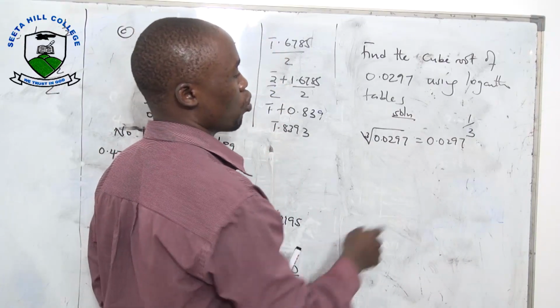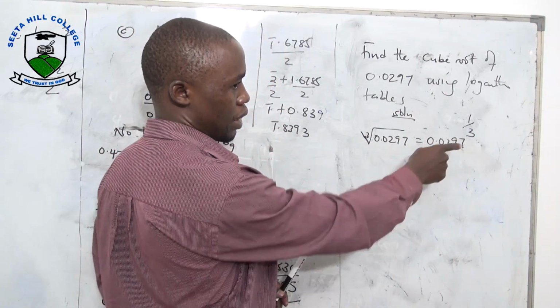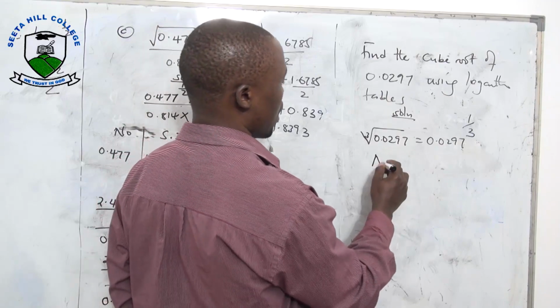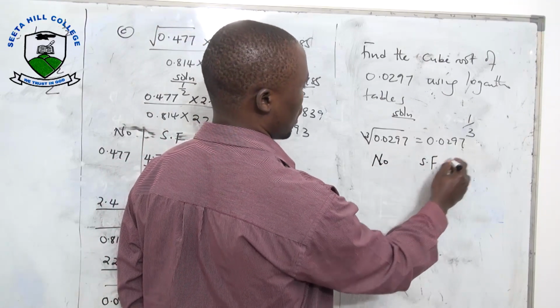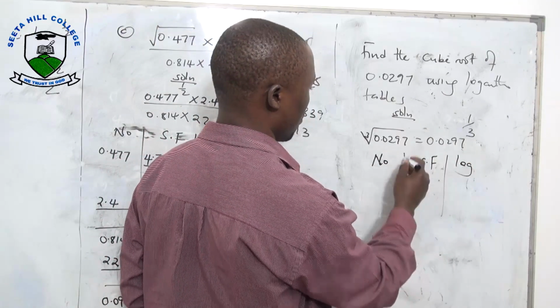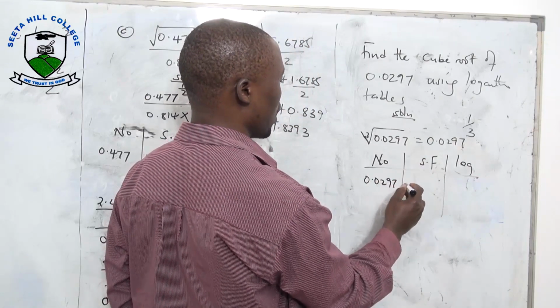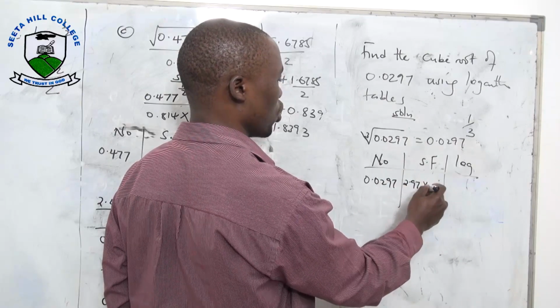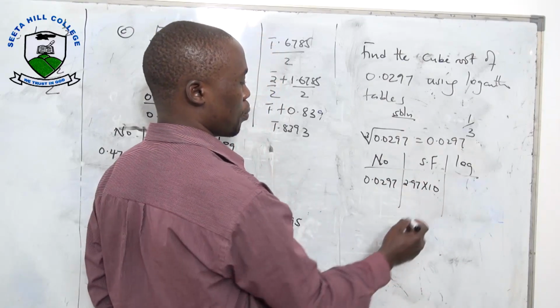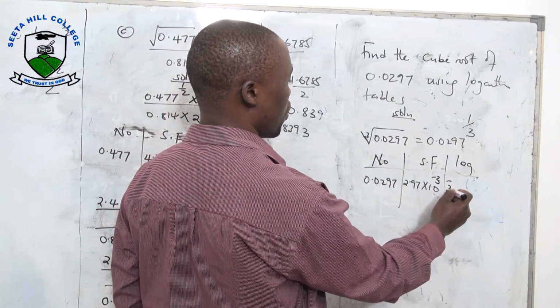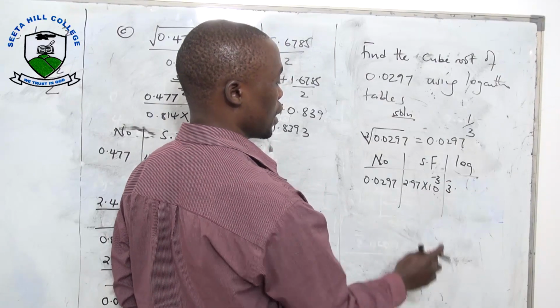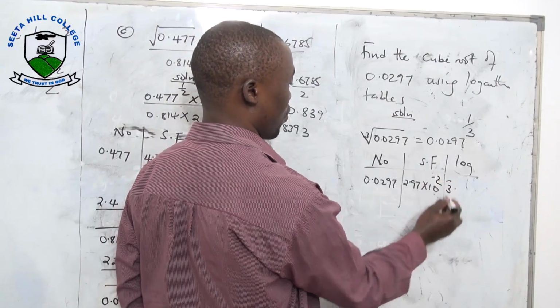It means I'm going to divide the logarithm of the number. So this will be 0.0297. This is 2.97 times 10 to the power what? -3. Drop it here. Point... -2. Wonderful.